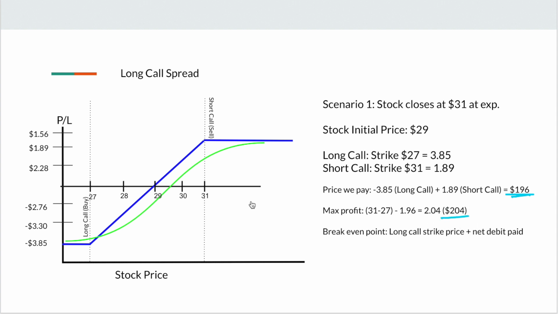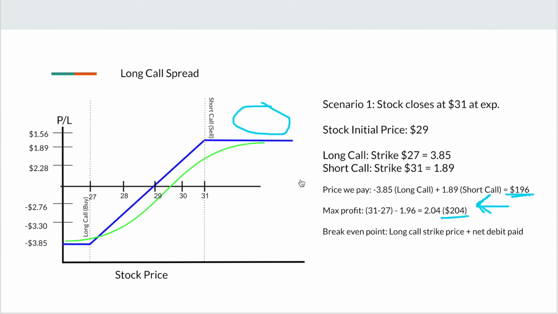So if the stock goes above this point or close to it at expiration, we'll collect a total of $204. Now, not to worry too much, all these numbers are going to be automatically calculated for you on your brokerage platform. I'm just going through them because I want to show you how it looks visually through human calculation before we jump into an actual platform and talk about it.